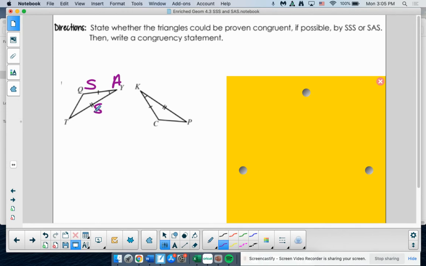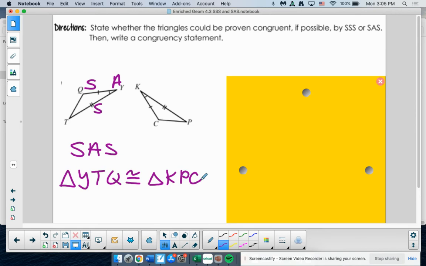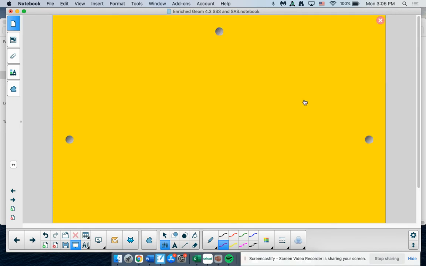So side, angle, side is telling me these two triangles are congruent. So a congruency statement could be triangle YTQ is congruent, now we got to match. What matches Y? K does. And then T matches P, Q matches C. Side angle side.